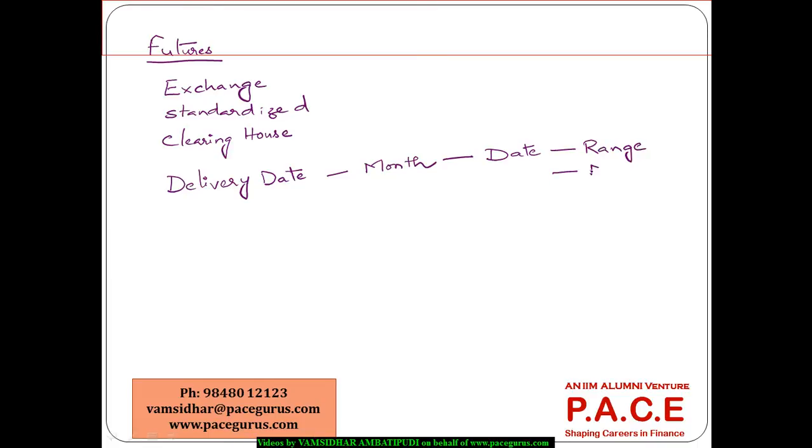In some cases, it could be the entire month, especially in some commodity contracts. If it is an entire month, the short position will typically have a right to choose the actual delivery date. And the payoff diagrams are more or less similar to those of the forwards.